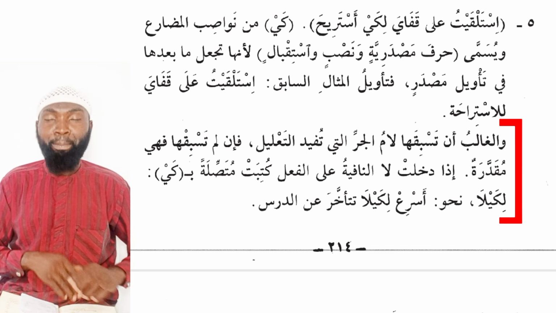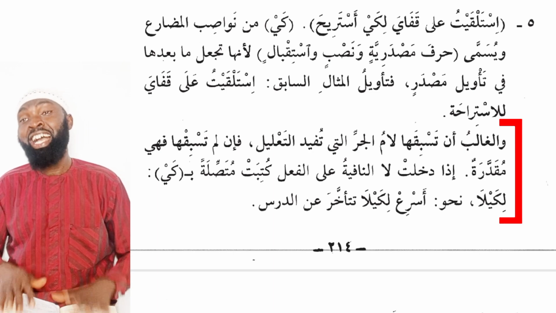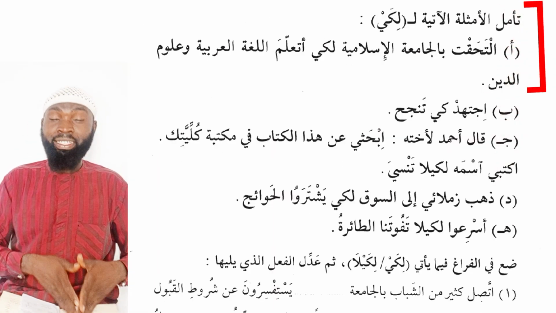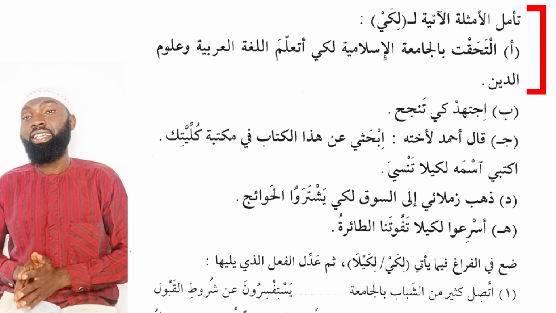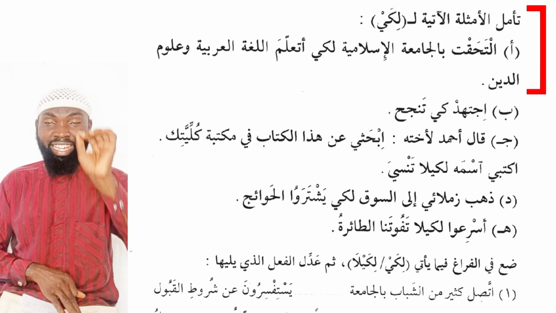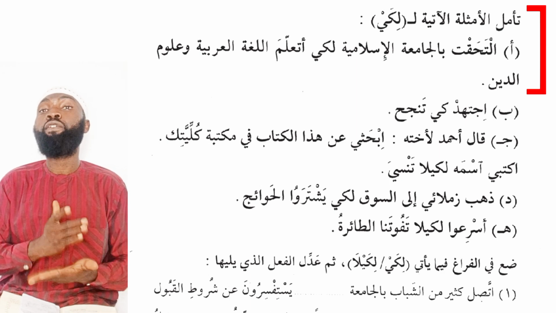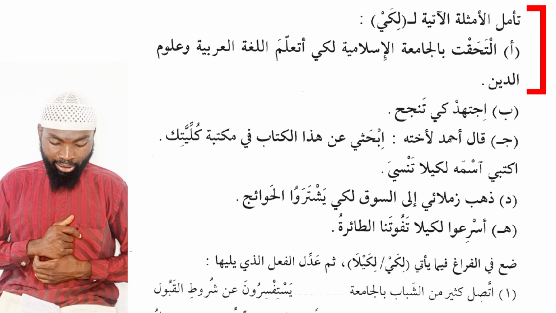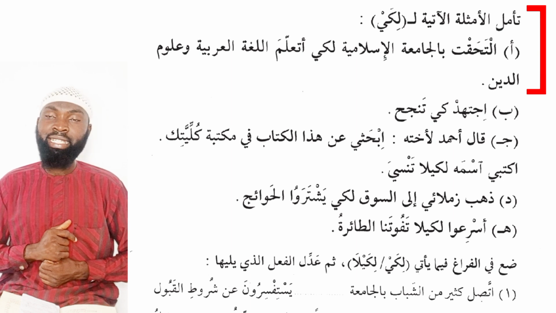MashaAllah. Ta'ammal al-amthilat al-atiya. At this juncture, you can do something by yourself. Study the examples below. The examples will be for the word likay. Number one: iltahaqtu bil jami'ati al-islamiyyati likay at'allama al-lughata al-arabiyyata wa ulum ad-din.